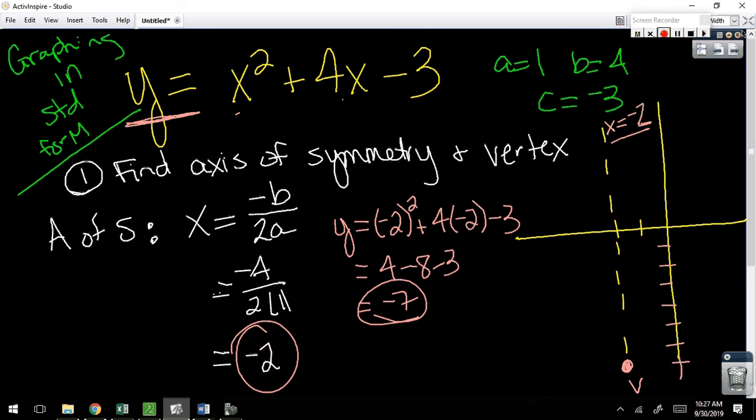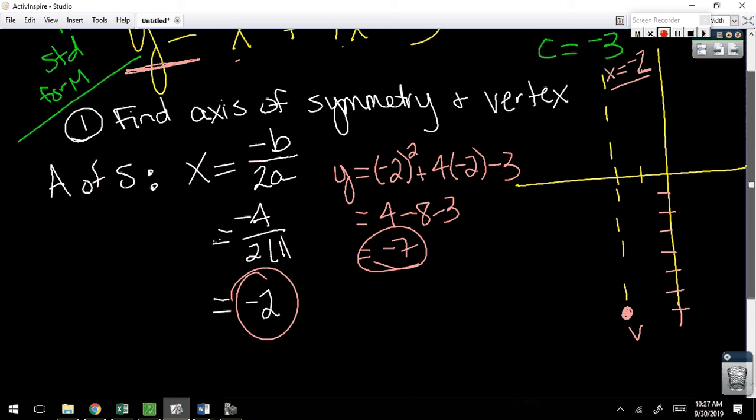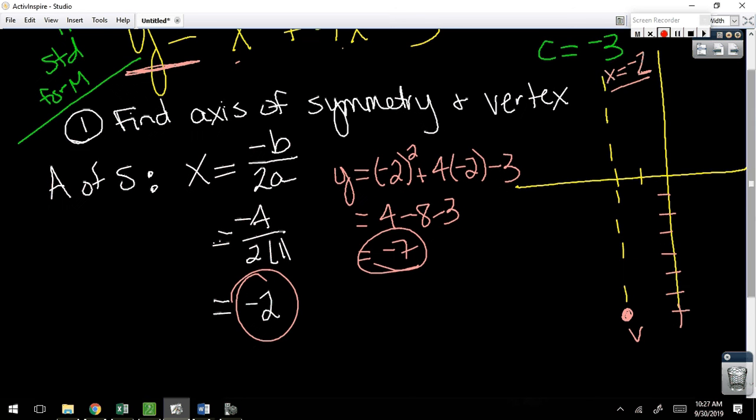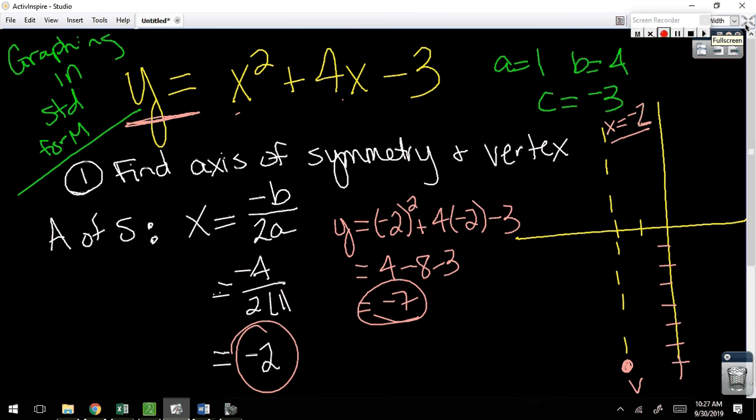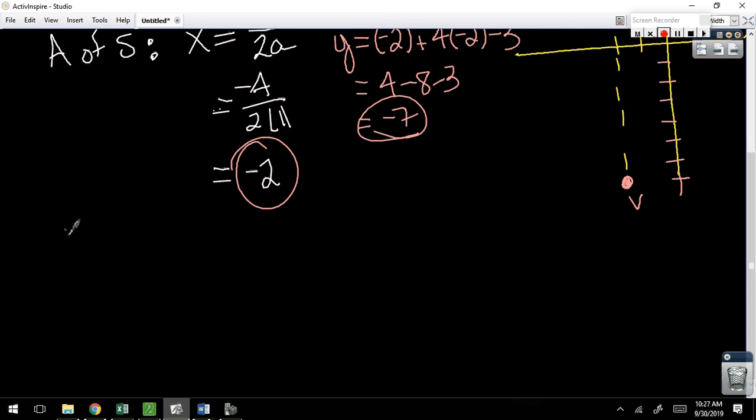Okay, so on this one, when you have the y-intercept, now, the y-intercept may not always be this easy, right? What if this said minus 20, or minus 120? We'll talk about what we do when we get that far. I need an easy point.